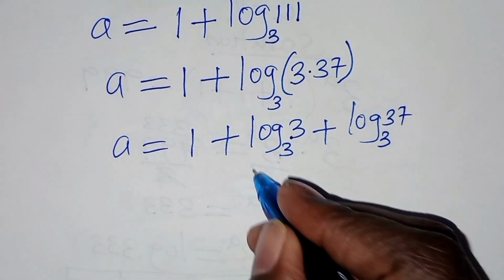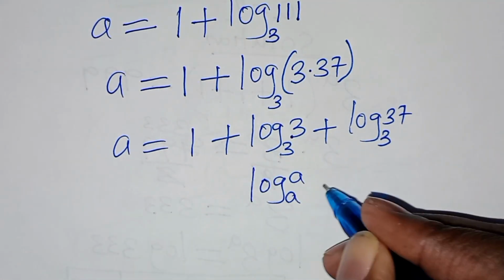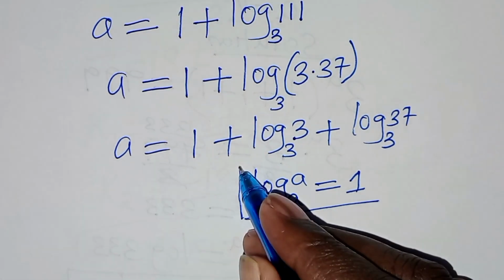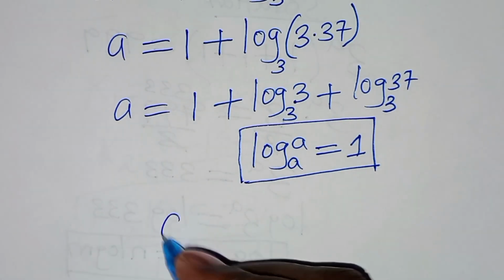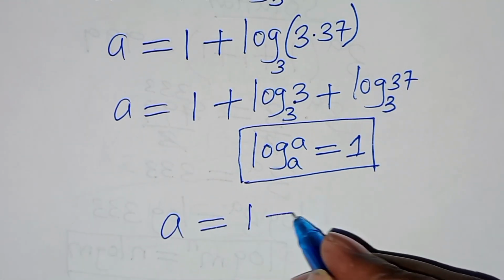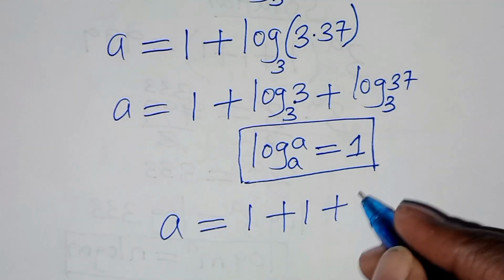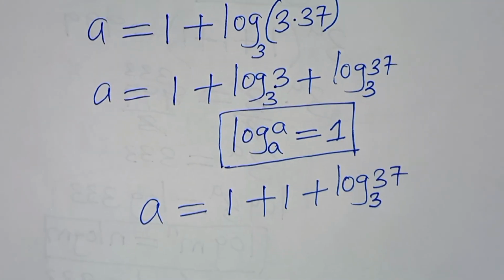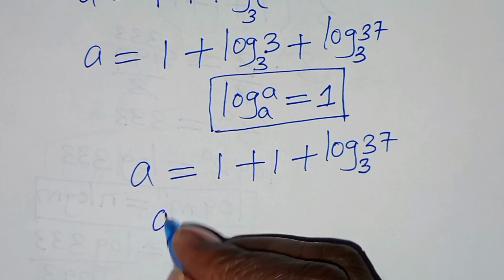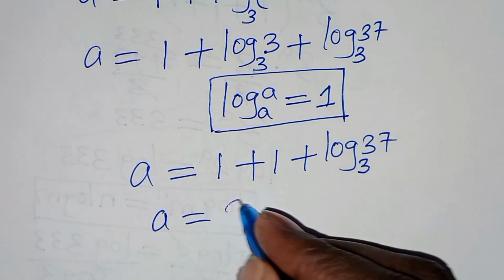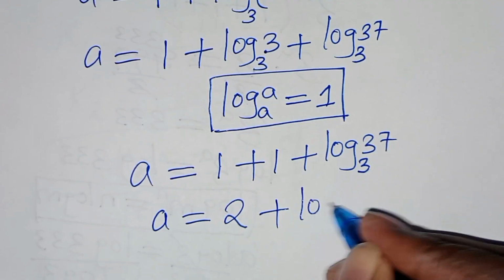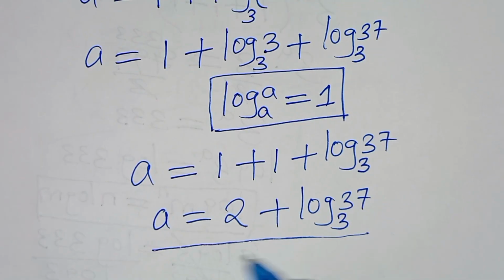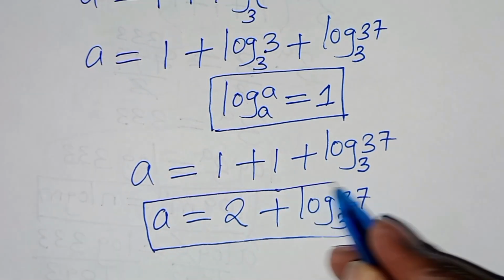Now you find that if you have log a to base a, this is the same thing as 1. So applying this logarithm property, then a will be equal to 1 plus 1 plus log 37 to base 3. So here we'll have a is equal to 2 plus log 37 to base 3. So this is the value of a.